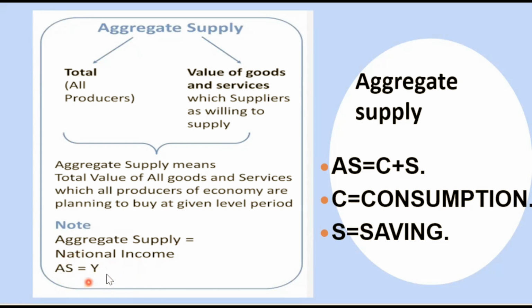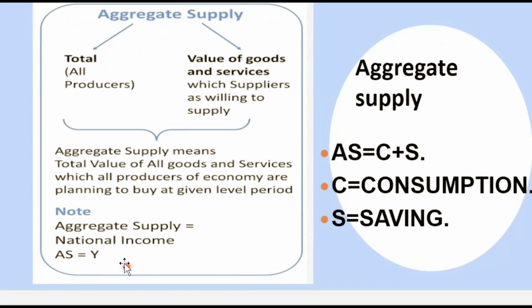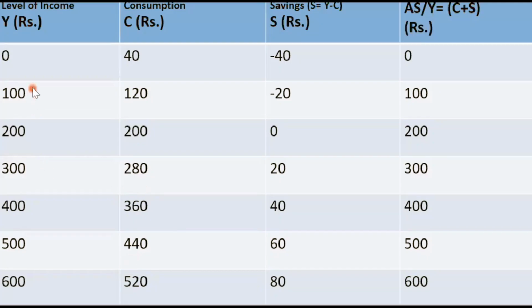Now let us study how we can calculate aggregate supply with the help of a numerical. Here we go. This is the schedule in which the first column shows the level of income, denoted with the letter capital Y. I have taken the same example which we used while calculating aggregate demand, with certain changes in the third and fourth columns only.